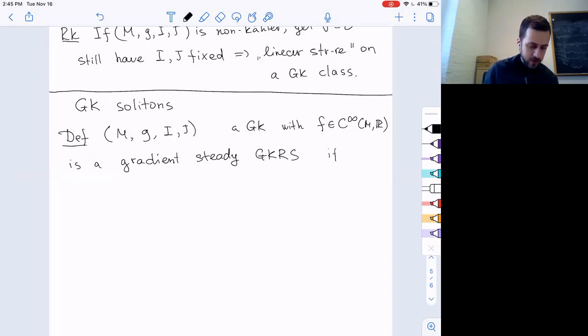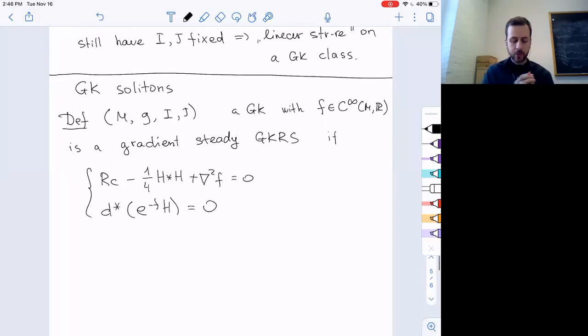If it solves the following system of equations: usual Ricci curvature minus 1/4 H contracted with H, where there is only one contraction, which makes it a positive definite symmetric tensor, plus Hessian f equals 0, and d star of e to the negative f H equals 0.